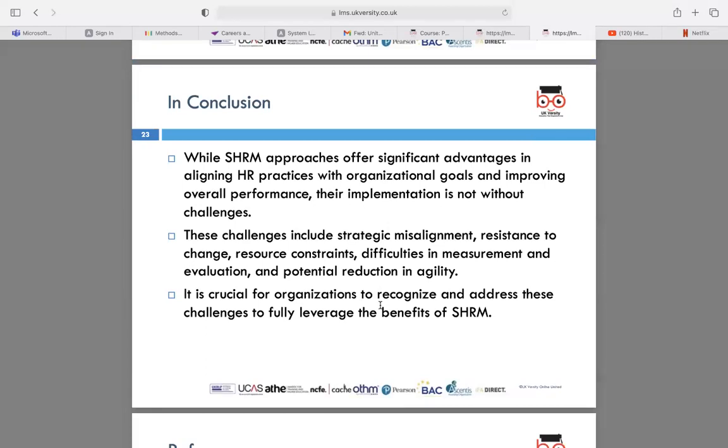It's really important for a business to recognize and address these challenges so that they can get the best benefit out, and know that they have been able to use that specific strategic approach that they thought about 100% and completely well.